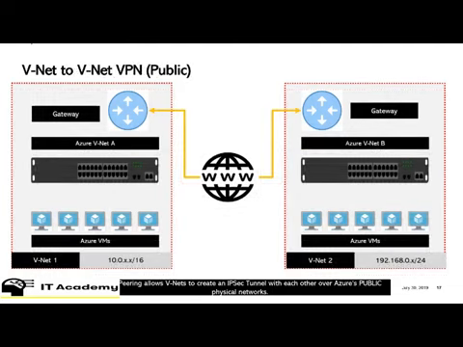If I want to provide connectivity between two VNets that either exist in different Azure subscriptions, or maybe we have a VNet that exists in Azure and one in AWS, I can use the VNet to VNet option. What that means is, when I create my VNet gateway for the Azure VNet, I could create a VNet to VNet connection that will provide an IPsec tunnel between both of those networks.